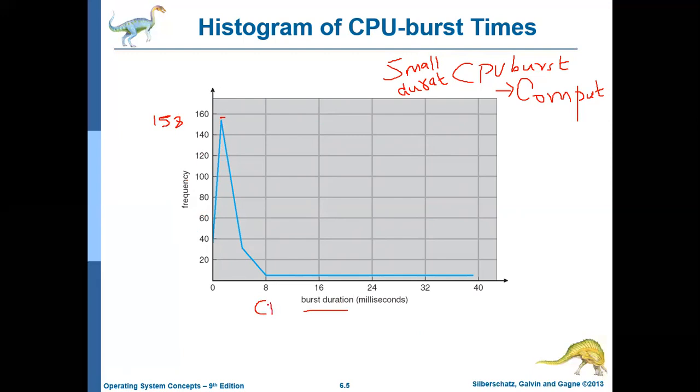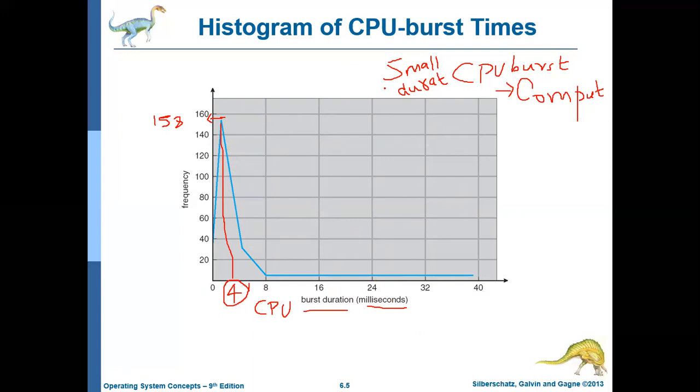For this peak point, the duration is probably 4, or maybe 5, milliseconds. So it is a CPU burst of 4 milliseconds, and it has occurred 158 times. That is what this study says.